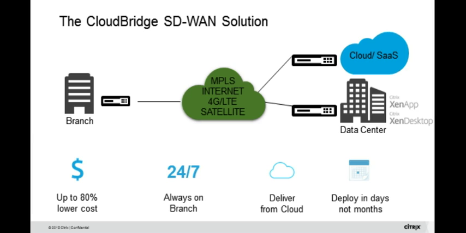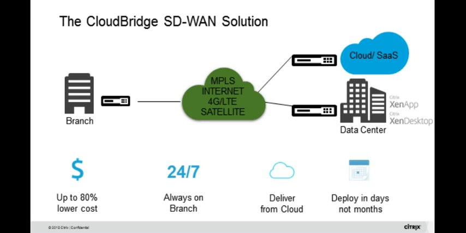The TCO analysis done by Greg indicated a 20% plus savings, but that was using continuing to use MPLS services married up with broadband services. We have some customers that are taking a much more aggressive approach and migrating away from MPLS altogether, and as a result they're able to see significantly higher savings, up to 80% in some cases.